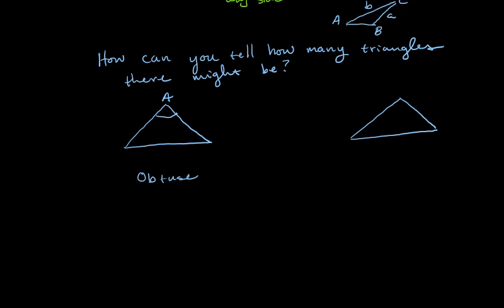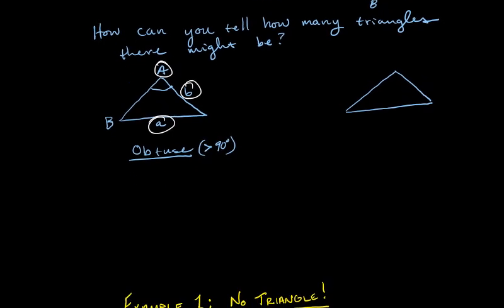Let's say you have the opposite side that's given, side A, and then we'll call that angle B, right, and side B. So let's say that we know angle A, side B, and side A. If angle A is obtuse, meaning greater than 90 degrees, then here's how you can tell what's going to happen.